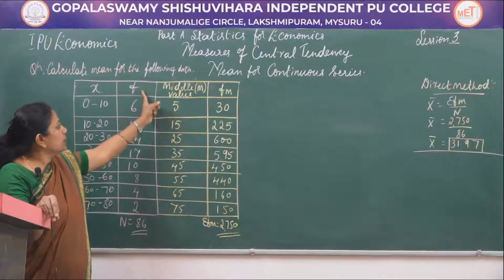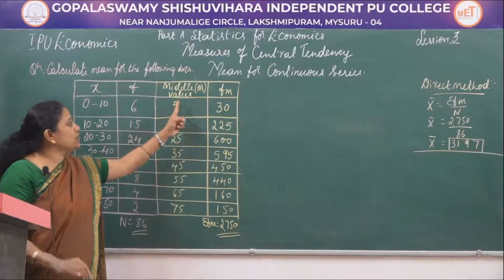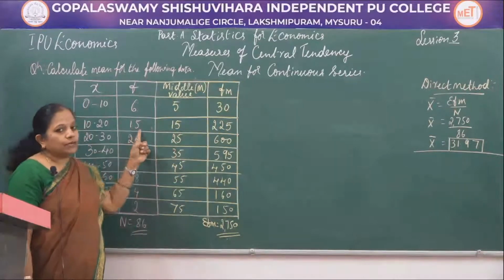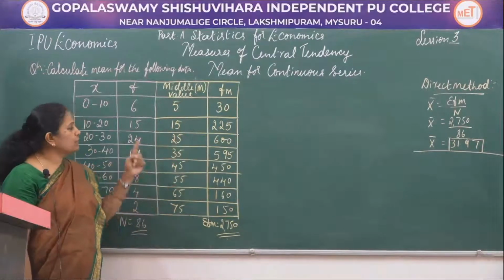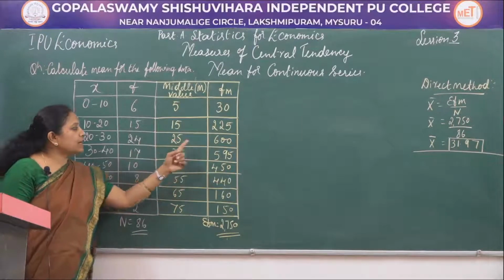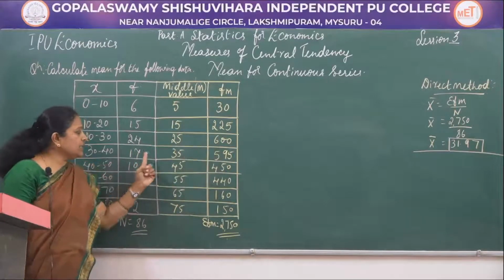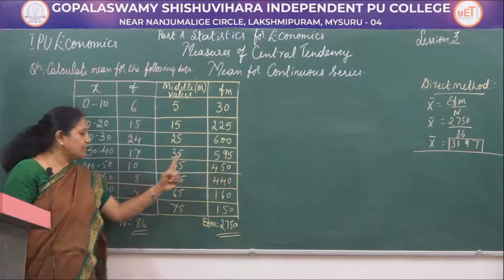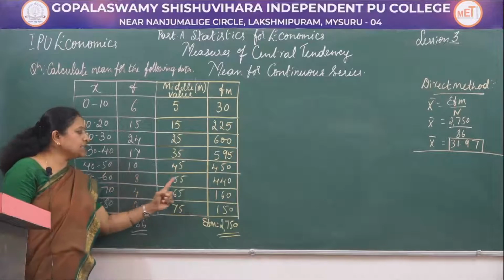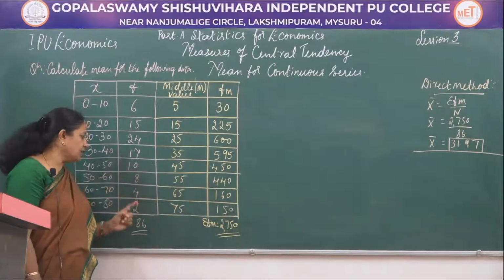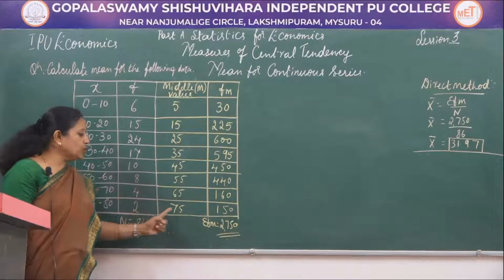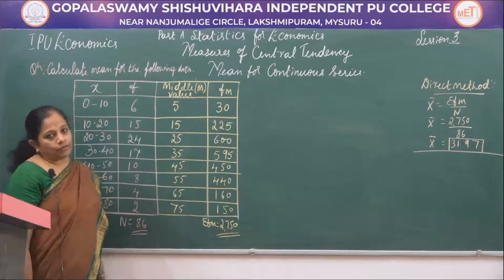The frequency is 6, middle value is 5, 6 fives are 30. 15 is the frequency, 15 is the middle value, 15 fifteens are 225. 24 twenty-fives are 600, 17 into 35 is 595, 10 into 45 is 450, 8 into 55 is 440, 4 into 65 is 260, 2 into 75 is 150.